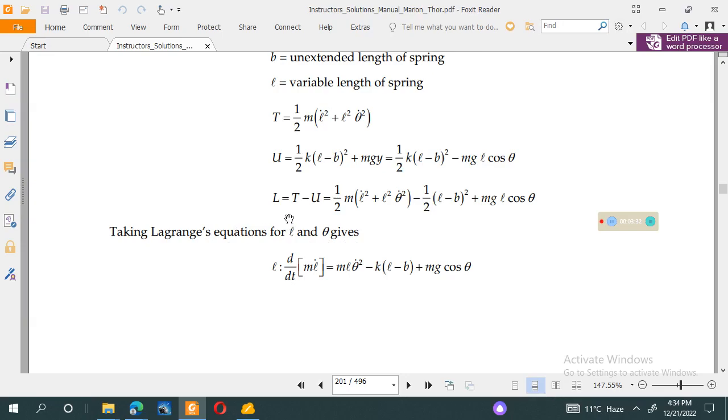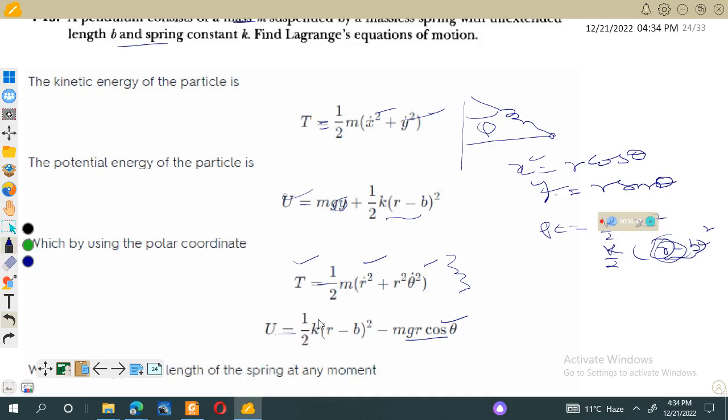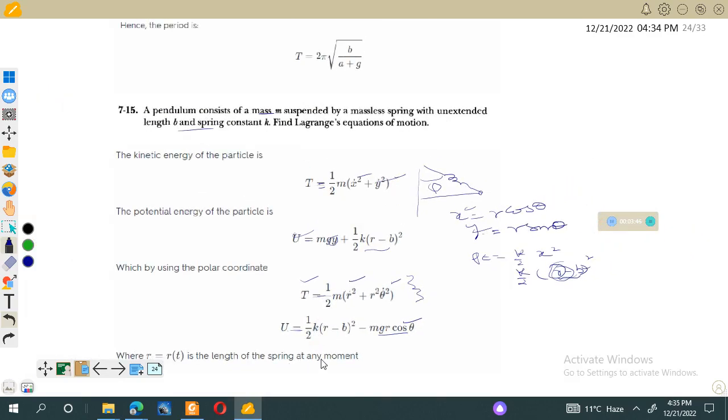When we put this l into the Lagrange equation, it gives the equations for l and theta: d over dt of partial L over partial theta dot minus partial L over partial theta is equal to 0. This gives us the equation of motion in the theta coordinate.